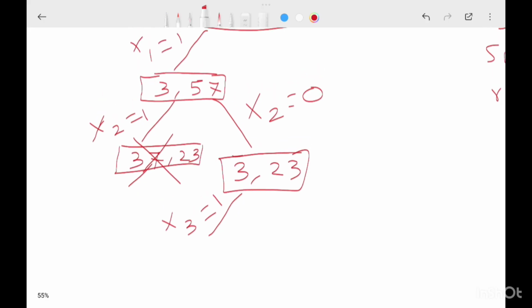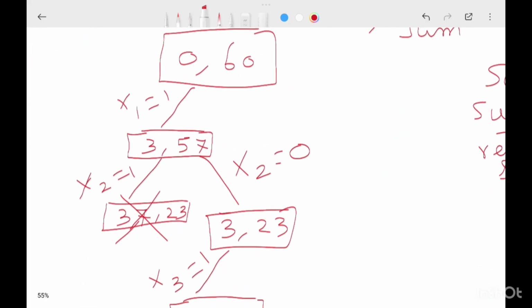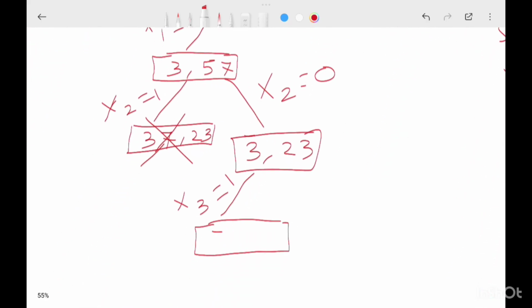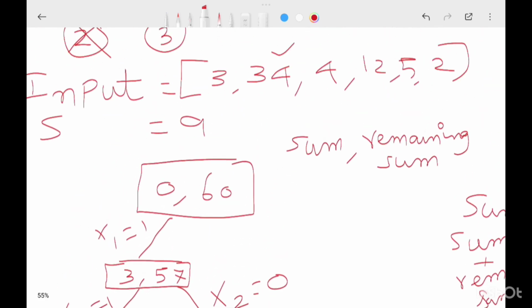Up to now we include the first element and exclude the second element. So the sum is 3 and the remaining sum is 23. Now I am adding the third element, whose value is 4. So 3 plus 4 equal to 7.